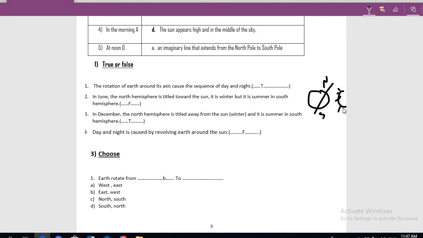So the season of this part, at North, is summer, because the North is tilted toward the sun, or near to the sun, while the South is far apart from the sun. So here the season is winter, while here it is summer.